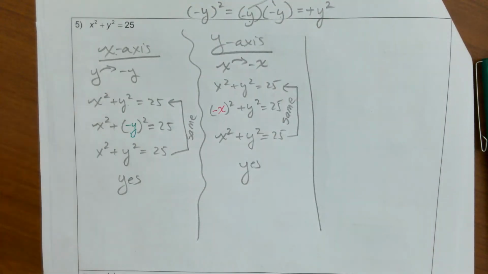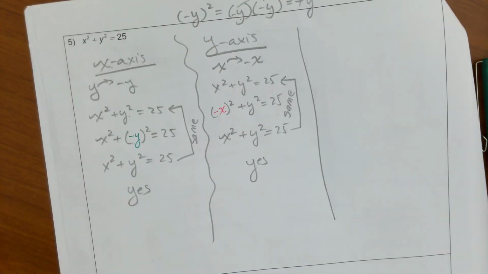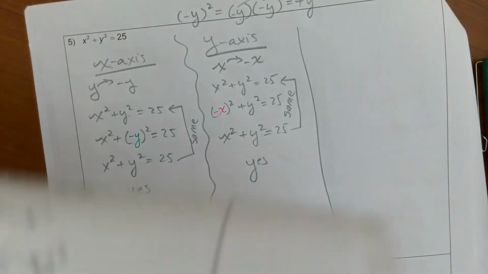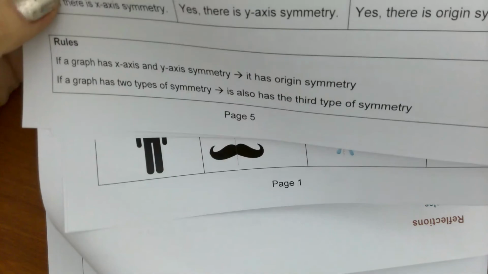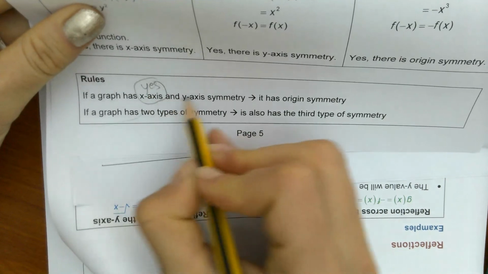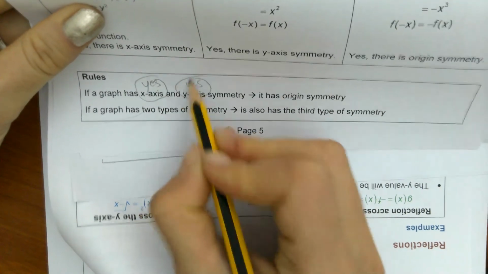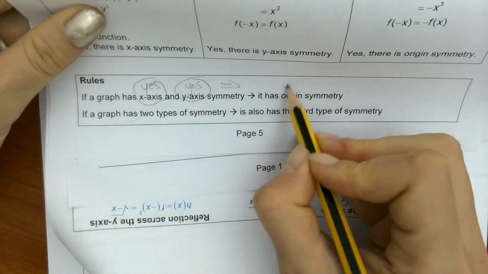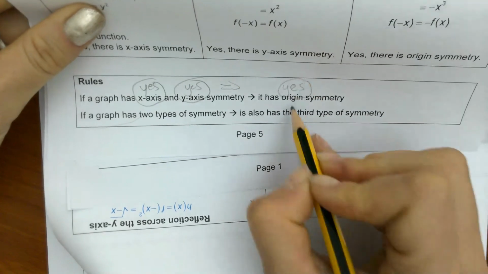But remember, there was a rule. Where's my rule? Page 5. On page 5, it says, if a graph has x-axis symmetry and y-axis symmetry, then yes, automatically you know it has origin of symmetry.